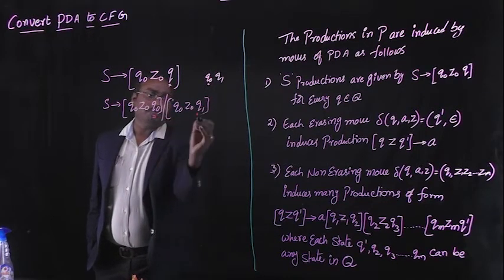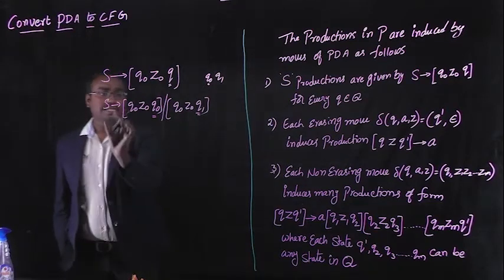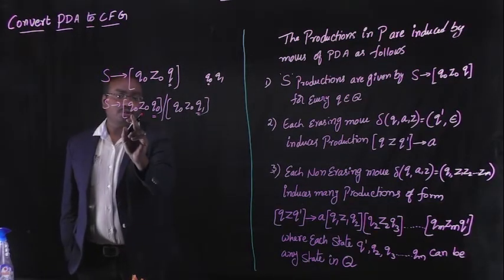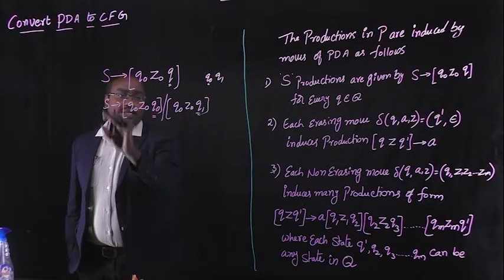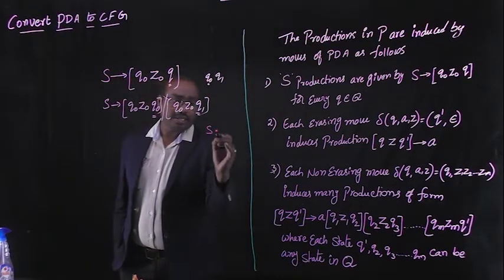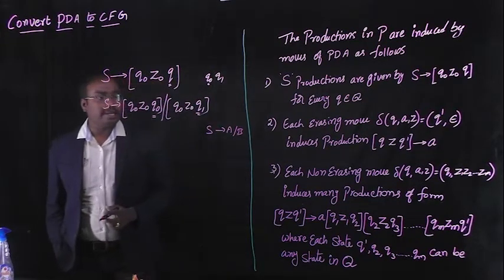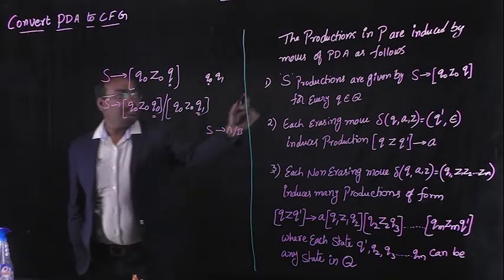So these are the 2 variables for forming the starting symbol. S tends to [q0 Z0 q0], and S tends to [q0 Z0 q1], like for example S tends to A or B.